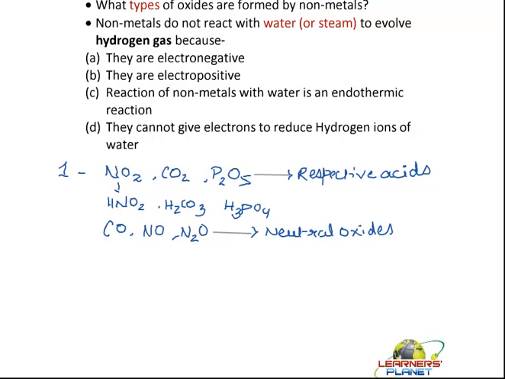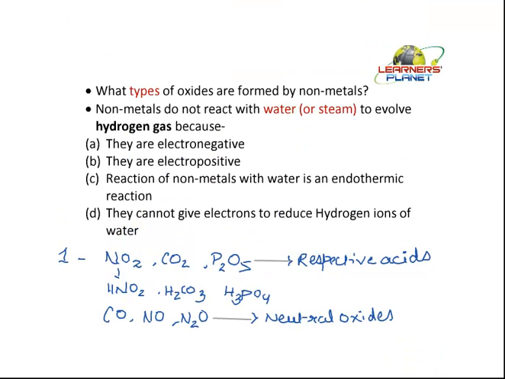Then it would be easy to solve such questions. So what is your question saying? That non-metals do not react with water or steam to evolve hydrogen gas.